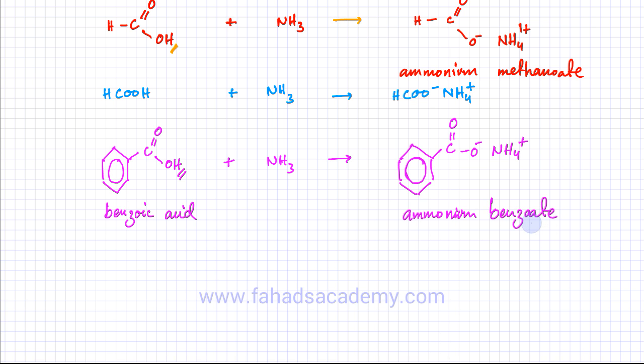So remember, whenever you're naming the salt, the carboxylic acid molecule, the suffix changes. It changes into oate. So if it's benzoic acid, it's going to become benzoate. So you can easily name a molecule that you're not familiar with, that the structure you can't identify, but you know that it's a carboxylic acid. So you can write down the reaction in this case as well.